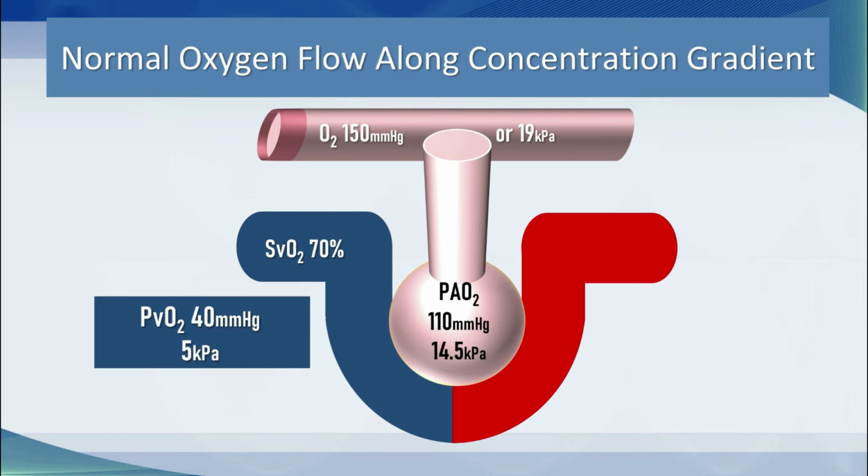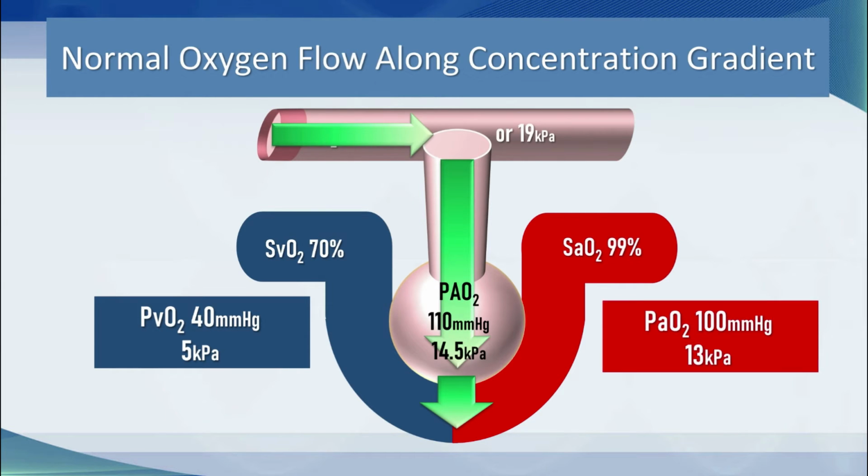So there is a big gradient when that capillary meets the alveolus for oxygen to flow into the capillary, and it keeps on doing that. And so what we have here is this oxygen gradient. Now, when oxygen moves from the alveolus into the blood, it's replenished from the major airways.